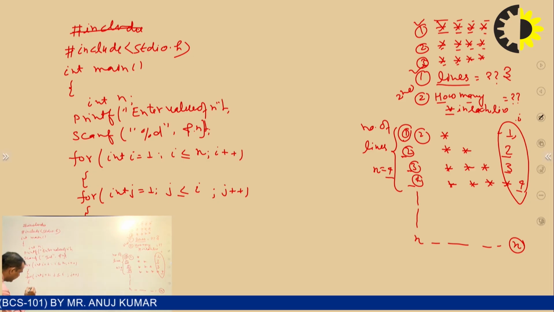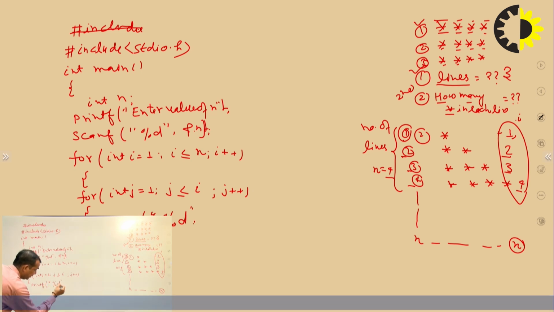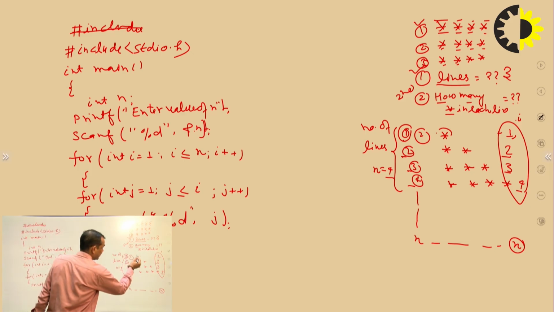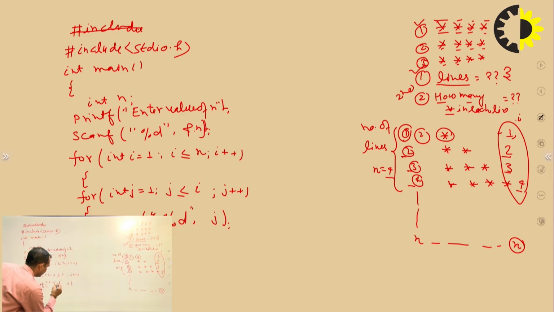So in this line we use printf. And what value do we have to print here? j equals 1, 1 is less than or equal to i. So we print the value of j. Okay, sorry, in this we have to print the star. So here we print only the star instead of this line.